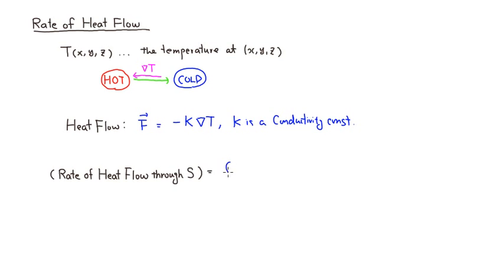It's going to be the surface integral over the surface S of the heat flow, F, dotted with d vector S, which is the same thing as the surface integral over S of F dot the normal vector dS, where F is negative k gradient of the temperature function, then taking the dot product with the normal vector and a surface area element. All right, that's it. I hope that this was clear.